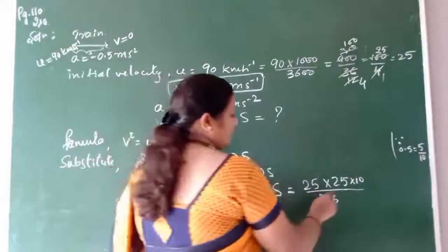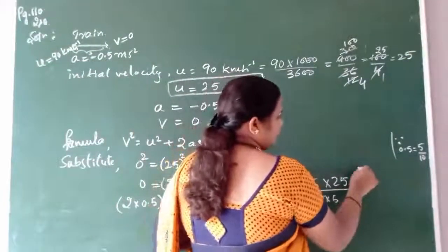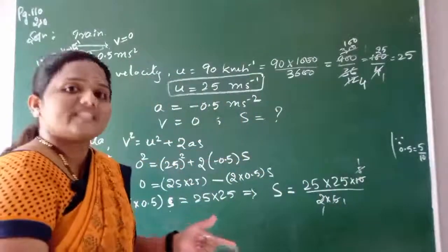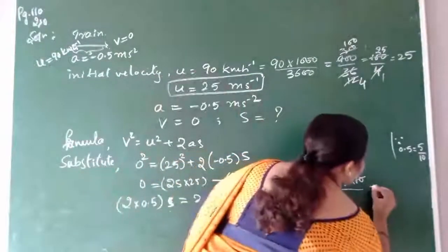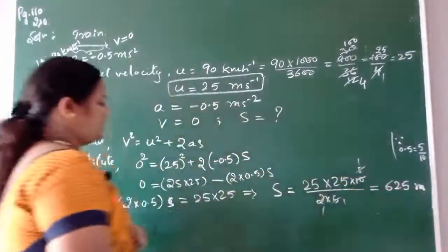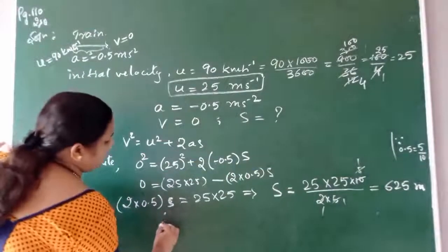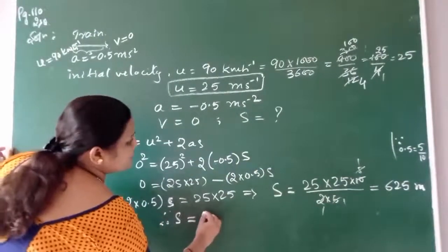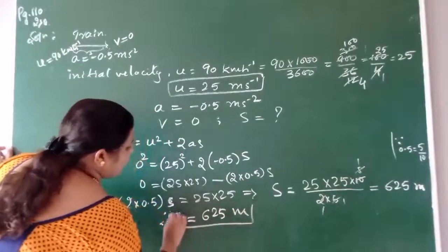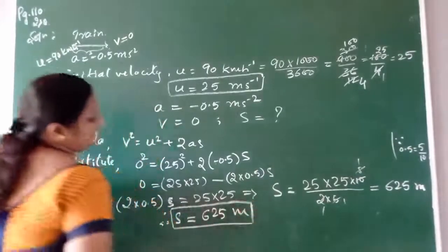Understanding, children? Okay. Now 2 ones are 2, 5s are 5, ones are 5, ones are 25, 25s are 625. What is that, children? The answer is 625 meter. So therefore, what is the distance it has traveled? 625 meters. It has traveled this much distance.